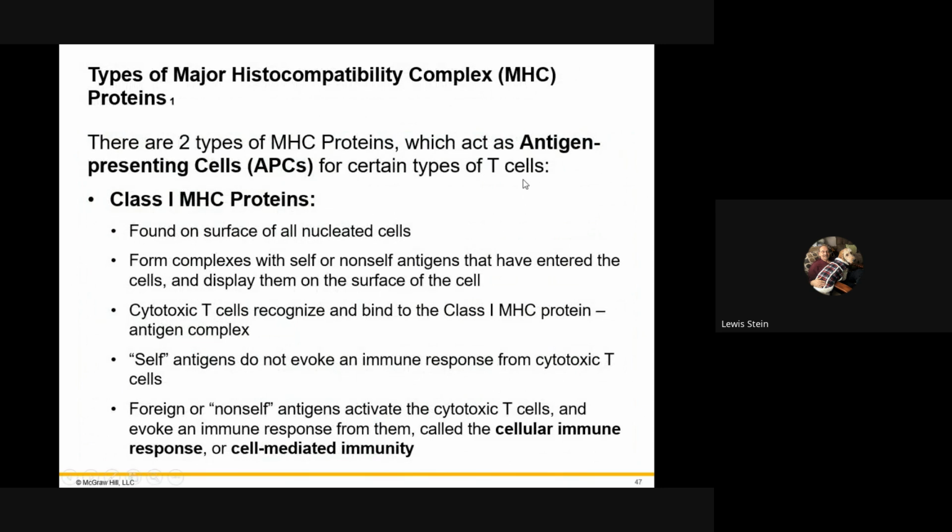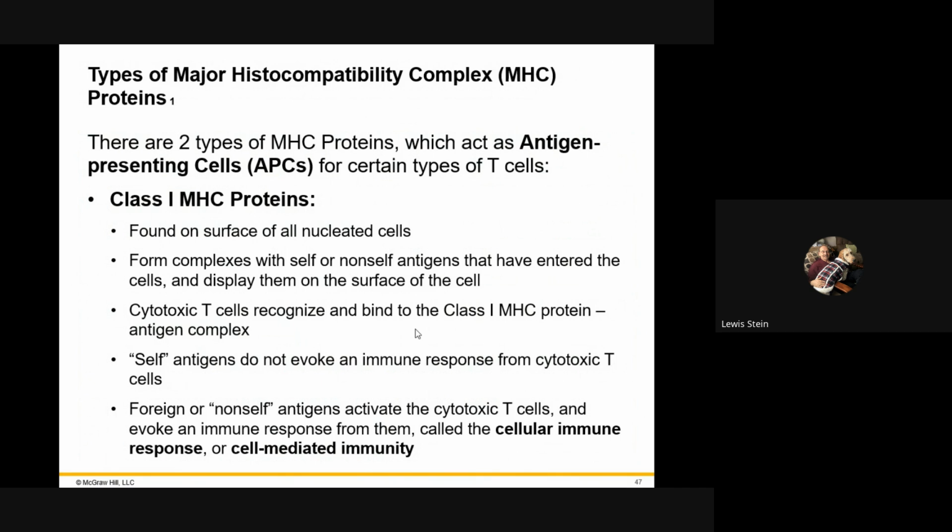This is the hard part. Class 1 versus class 2. Class 1s are on all nucleated cells. Red blood cells don't have it, and platelets don't have it because they're really not cells, but all nucleated cells have class 1. When a bad guy has infected a cell and taken up space, it's altered the cell.